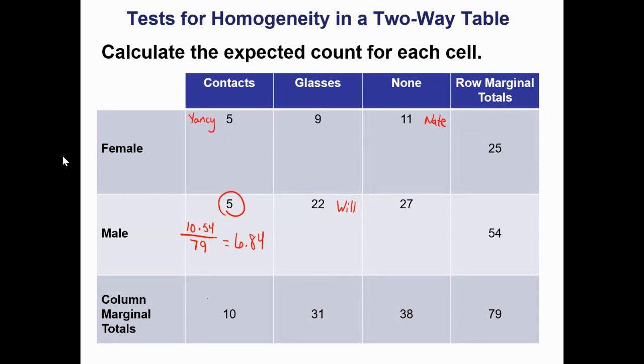Yancey, I need you to tell us how you calculated it and then what you got. Okay, 10 times 25, divided by 79. 3.16. Okay. David claimed that one.